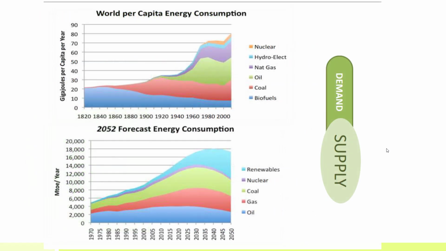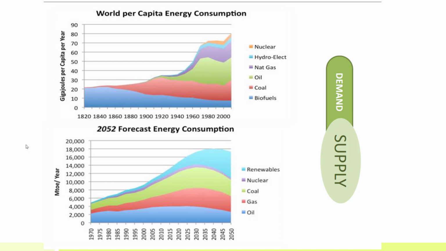Here are some data looking at world per capita energy consumption. It's broken up by color into nuclear, hydroelectric, natural gas, oil, coal, and biofuels. And this is a prediction of what the future will look like.